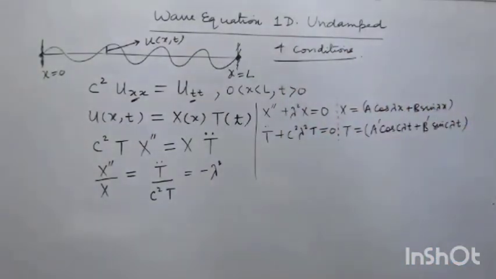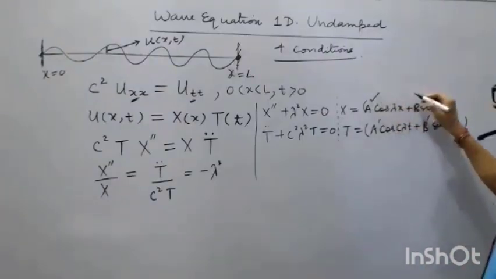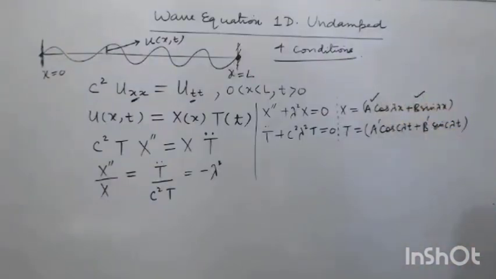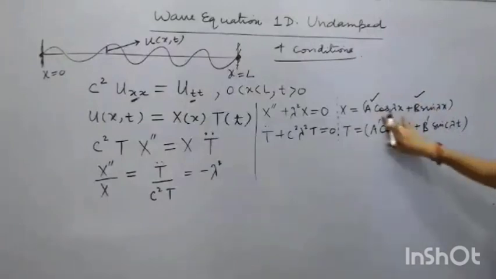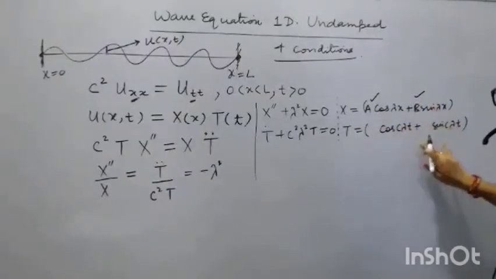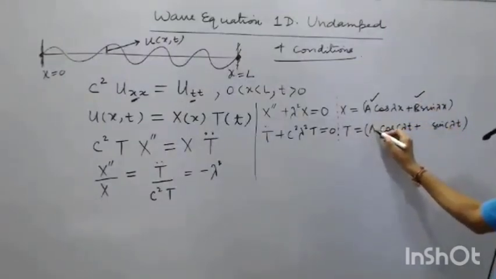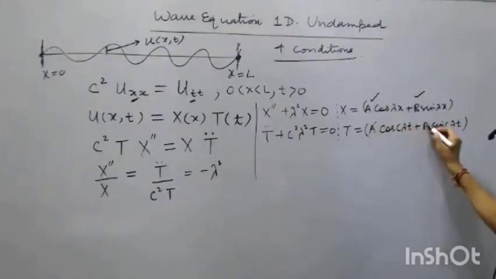And you can see there are also A, B, A dash, B dash, 4 constants, or you can simply write C, D if you don't want dash. Is that okay for you? Yes, sir. Don't take the dash as a derivative. Okay.